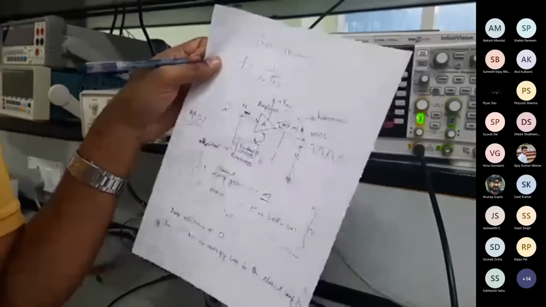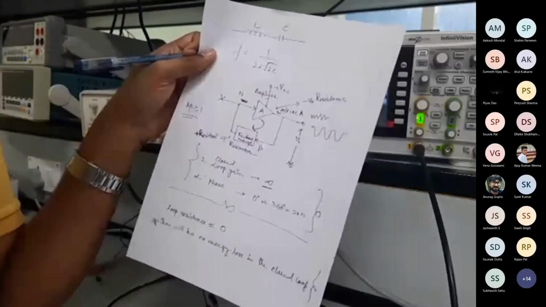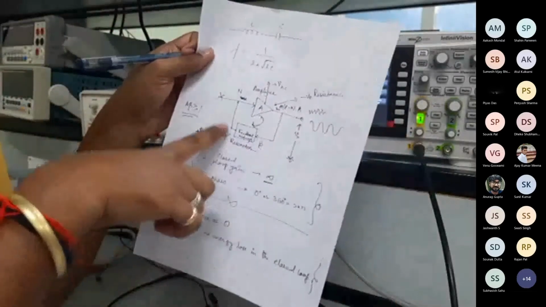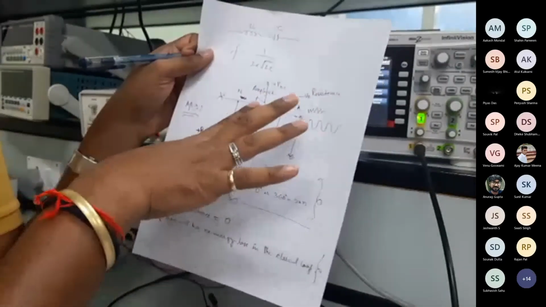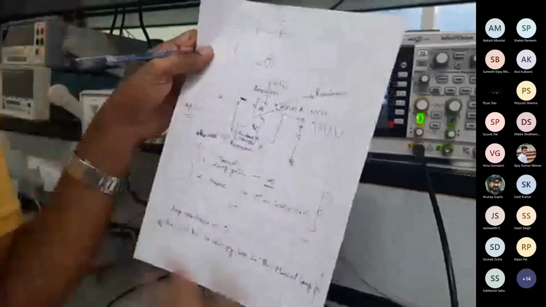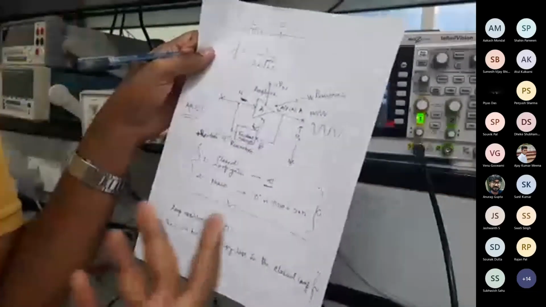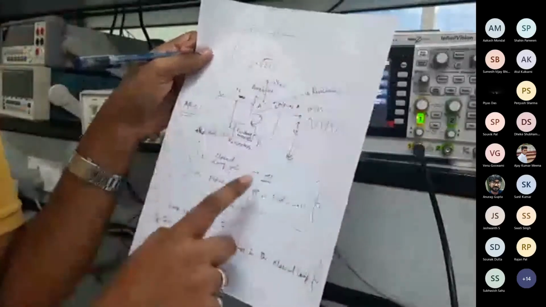So for high frequency, people usually prefer crystal oscillators. By just playing with the feedback network, there will be an amplifier. We can have any kind of amplifier: BJT amplifier, FET amplifier, MOSFETs, CMOS amplifier. Any kind of amplifier we can use.